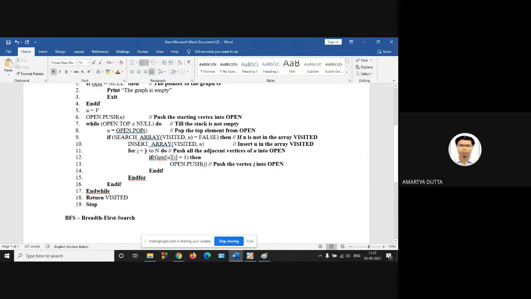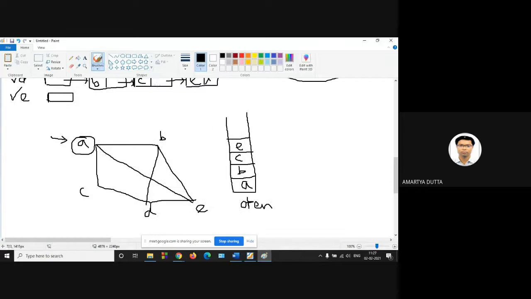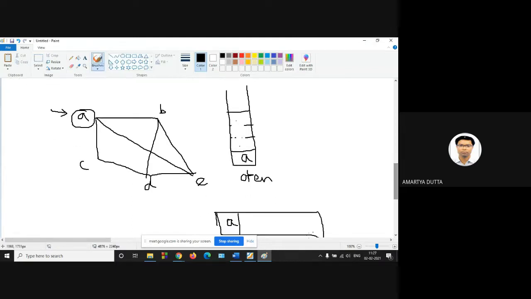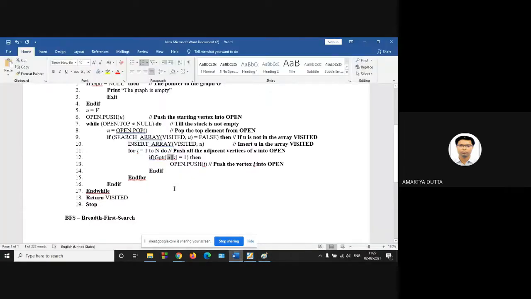So for I is equal to 1 to n, the complexity is order of n.